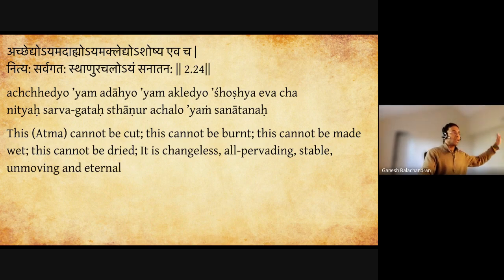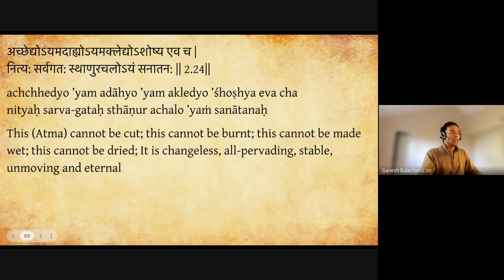Sarvagataha, all pervading. Stanuhu. There's also a name, Stanunathan. It means stable. So God, Shiva is called Stanunathan because you can rely on Shiva. Achaloyam, unmoving. A mountain is called Achalam because it is unmoving.